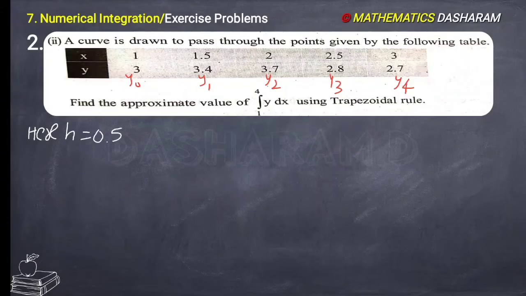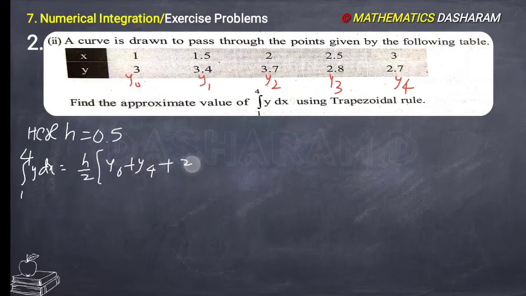Then the trapezoidal rule is integration 1 to 4 y dx equals h by 2 bracket of sum of the first and last ordinates, that is y0 plus y4, plus 2 into sum of the remaining ordinates y1 plus y2 plus y3. Now let's substitute the values.